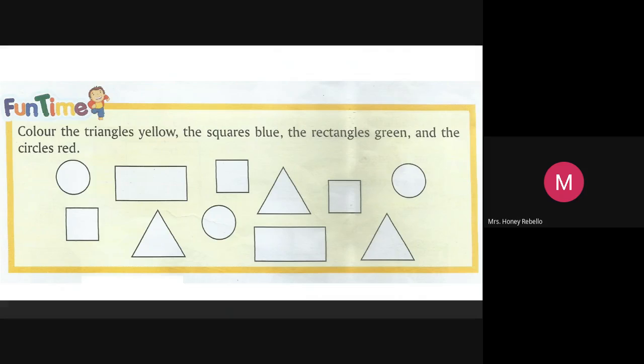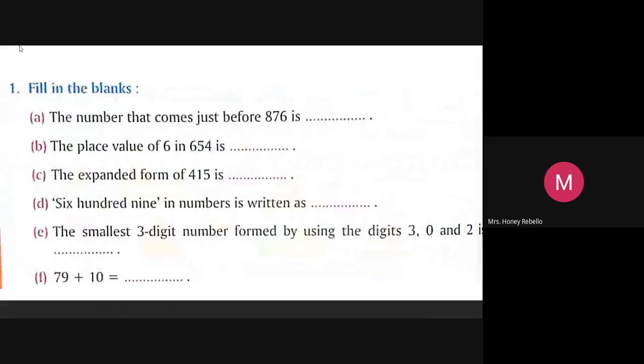Pages 66 and 67. Don't do it now. We'll go to the next one. After this, please do it at home because coloring will take time. Okay, now ma'am will color it, you can see.